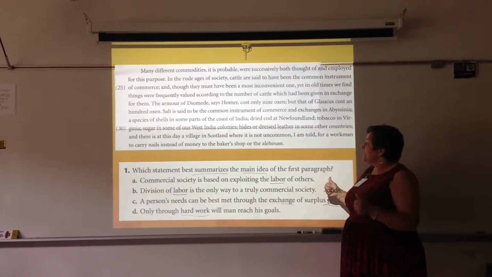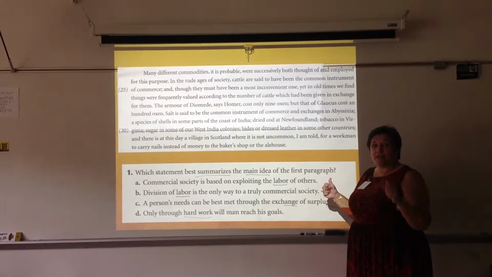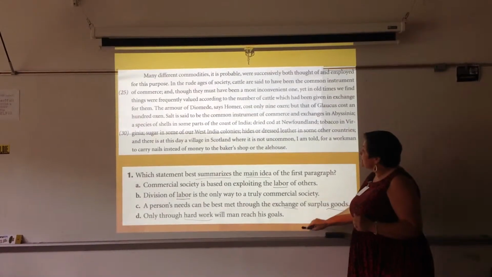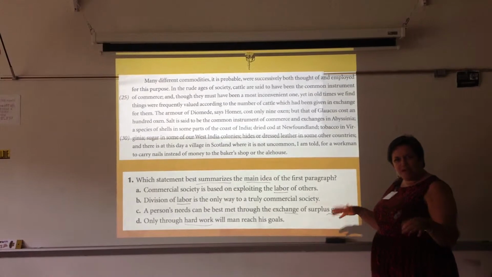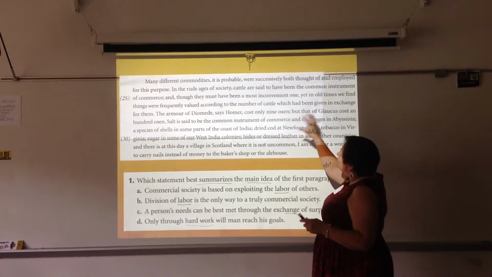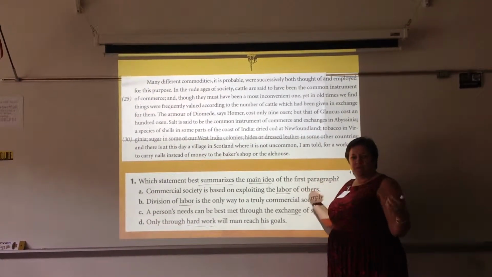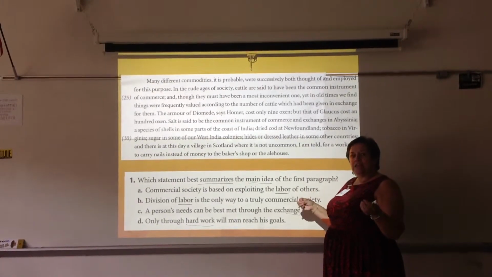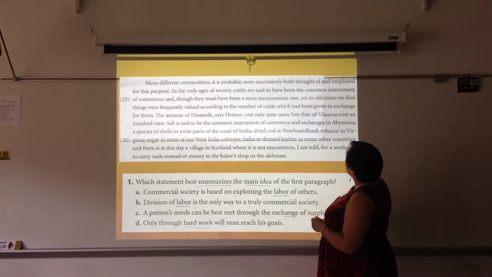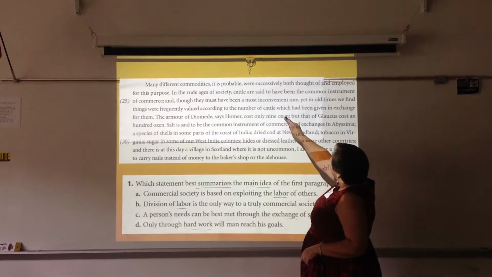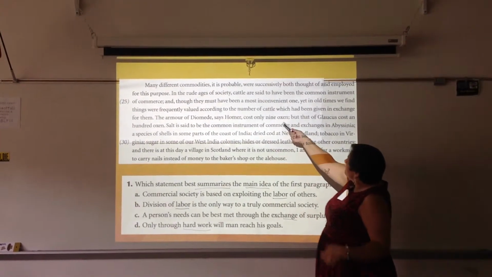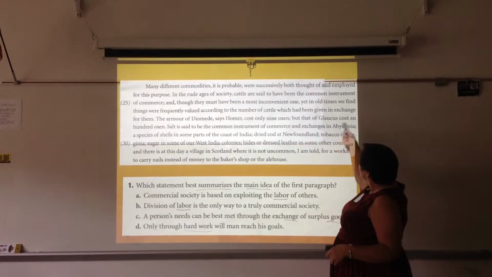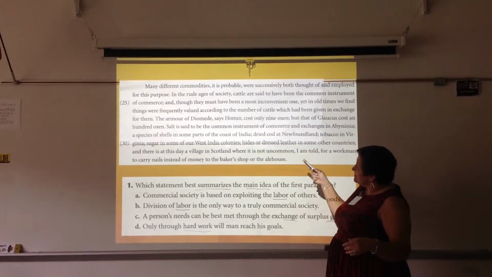The interesting thing here is that if you've read your passage carefully, you realize that this passage has really nothing to do about labor, about doing work. It has to do with exchanging goods with people to be able to meet your needs in a particular society. Because see, you talk here about giving a number of cattle in exchange for something costing 9 oxen, something else costing 100 oxen.